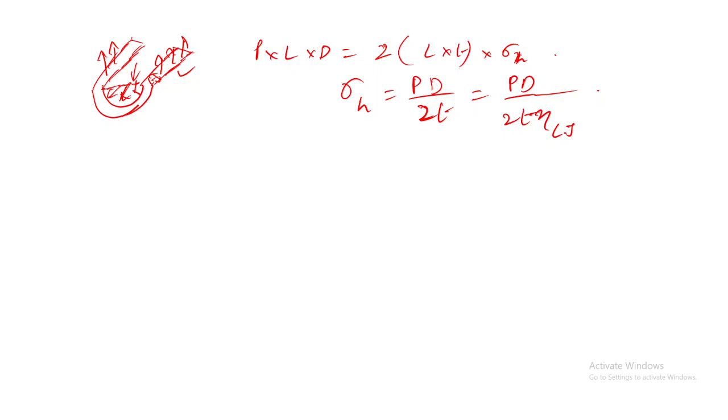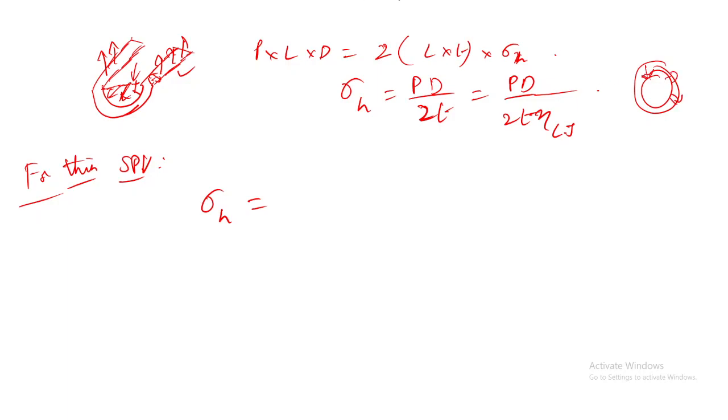So for thin spherical vessel, SPV, you will be having only a single value of hoop stress, because in all the things the dimension is the same. It is nothing but the diameter.